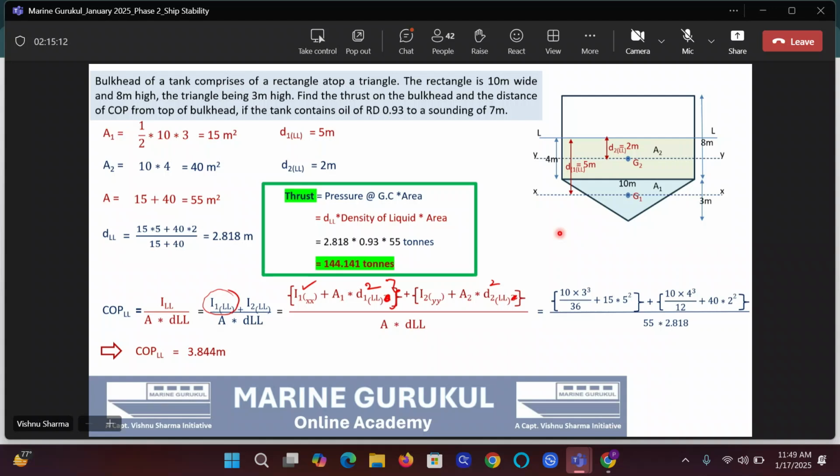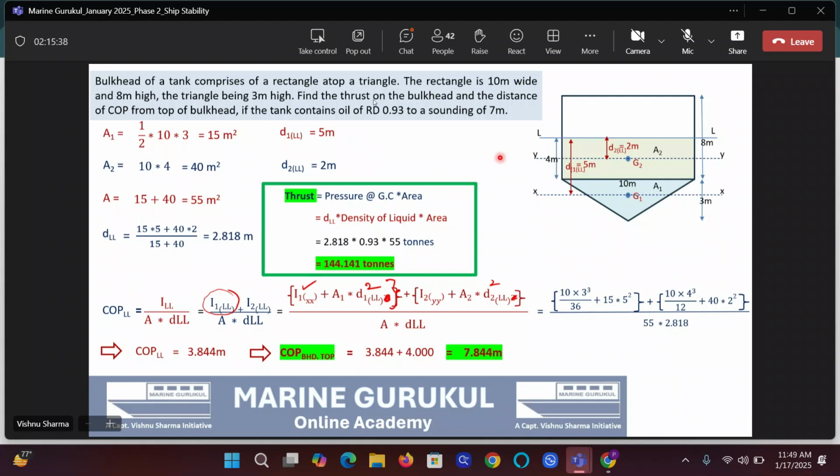Now, are you answering COPLL or COP from the bulkhead top? 7.844. Very good. Guys, from the liquid level, the bulkhead top is another 4 meters up. So the COP is 3.844 meters below the liquid level. So from the bulkhead top, another 4 meters will have to be added. Yes or no? This is the answer, beta.